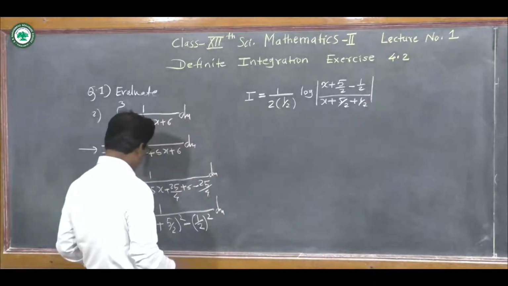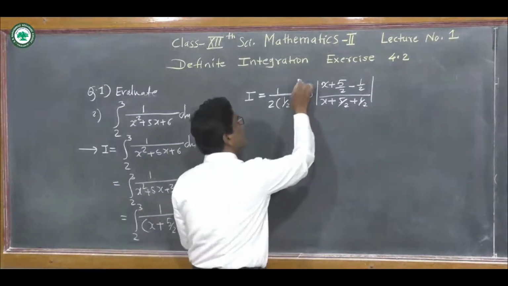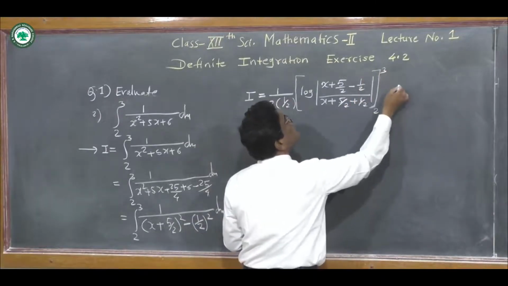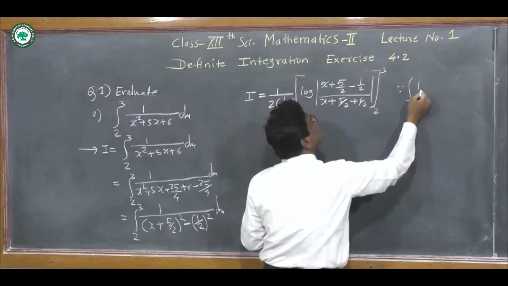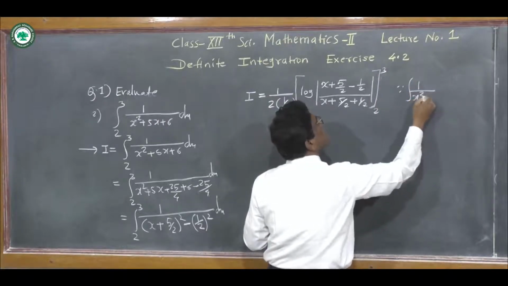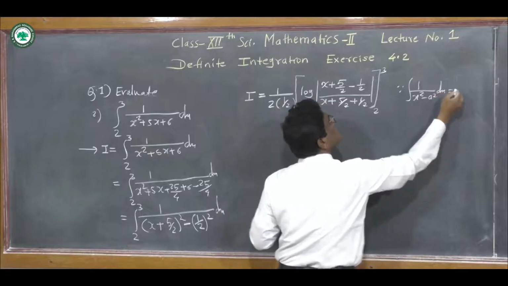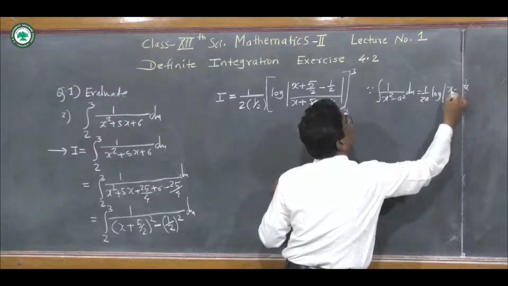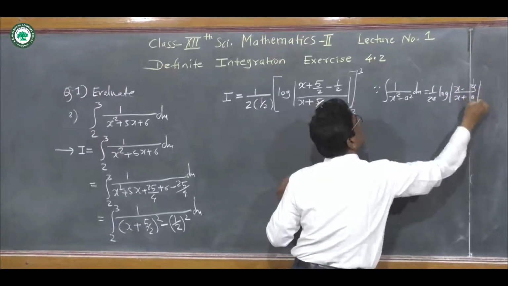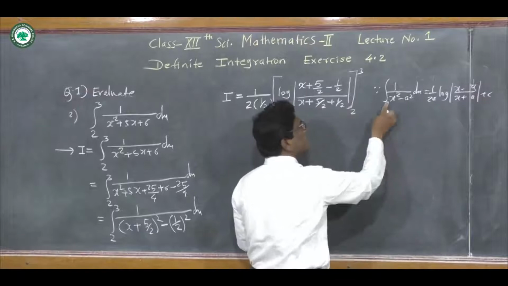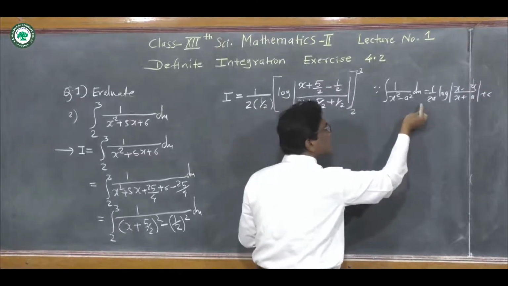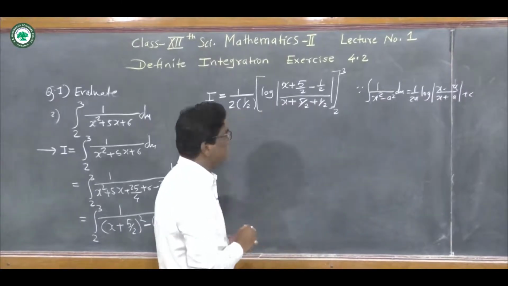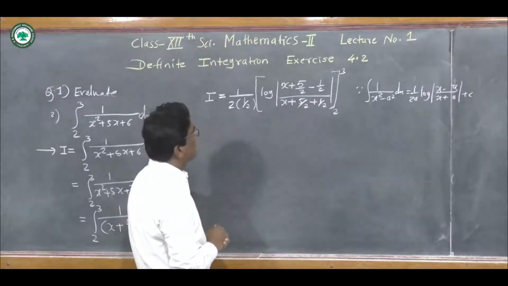And here integration from 2 to 3, so we take square bracket like this and write here 2 and here 3. Which formula do we use here? Integration 1 upon x square minus a square dx is equal to 1 upon 2a log of x minus a upon x plus a plus constant of integration. Integration 1 upon x square minus a square, or 1 upon a square minus x square, or 1 upon x square plus a square. These are the three formulas. Out of that we use this formula.